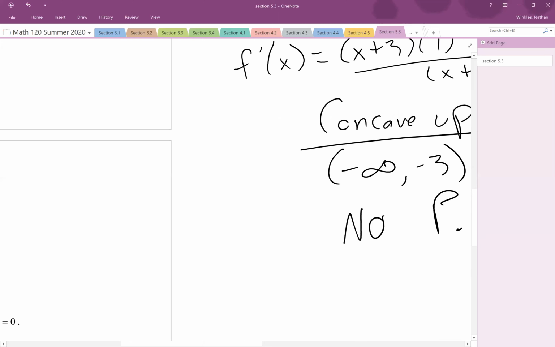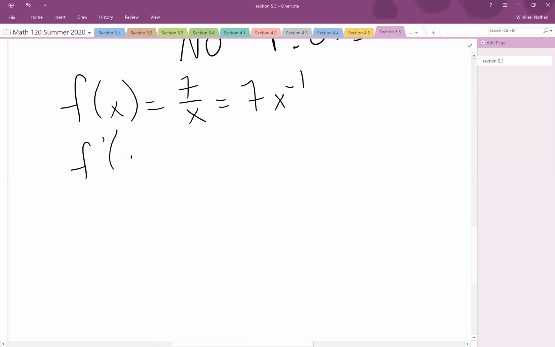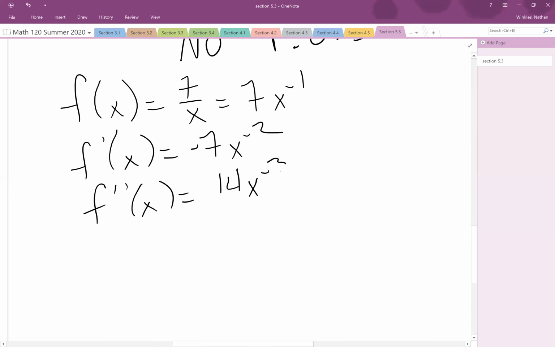The other function we have is f of x equals 7 over x. We could write this as 7x to the negative 1, so that means f prime of x is negative 7x to the negative 2. F double prime of x is 14x to the negative third, which is 14 over x cubed. Set that equal to 0.